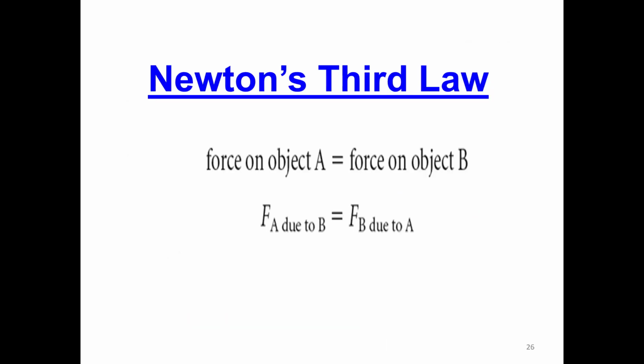Here we can summarize Newton's third law, which explains what happens when two objects interact. Always, if two objects interact, there will be an action and reaction force pair. These forces are equal in magnitude, but they act in opposite directions.